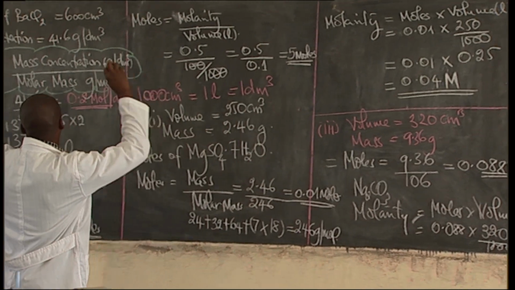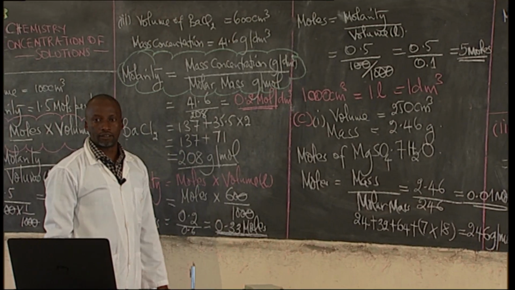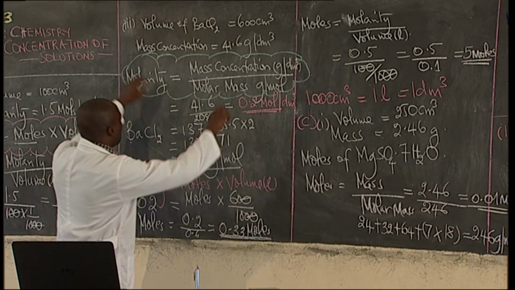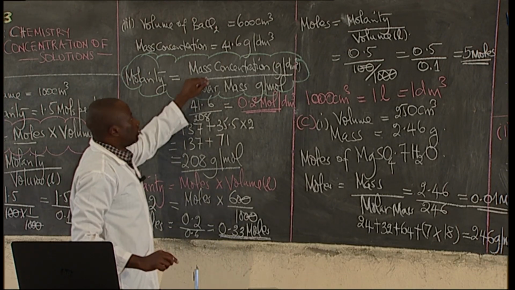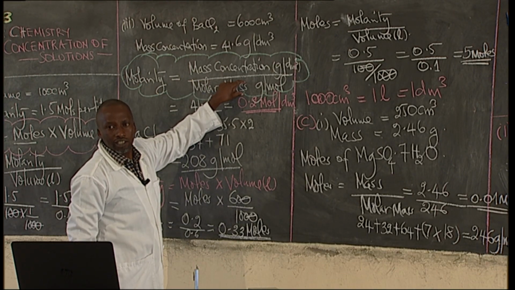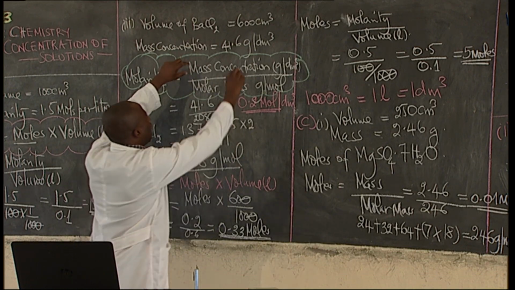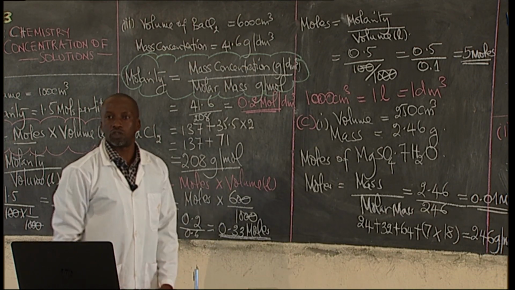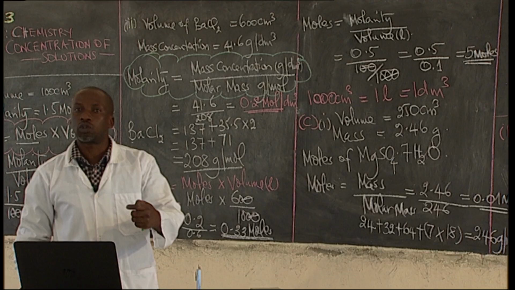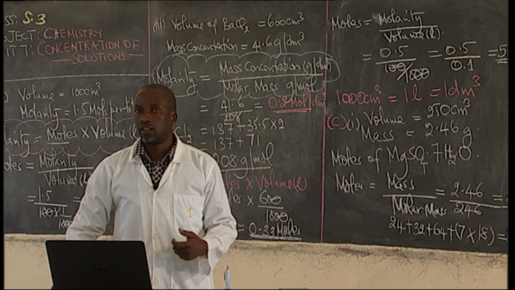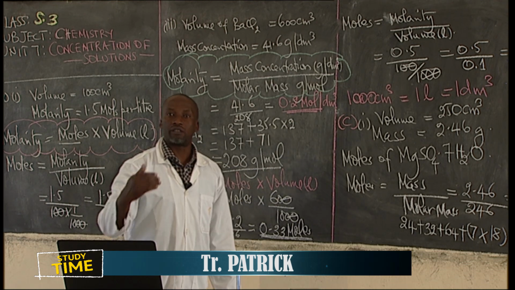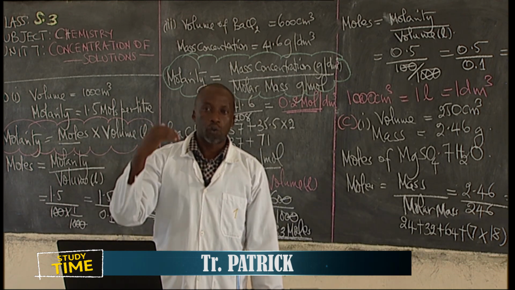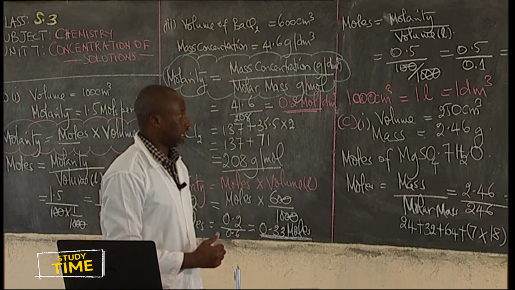Then substitute in here, and after substituting, you have got the molarity. You can use the molar mass. Now you can determine the mass concentration, the concentration of the solution in grams per liter, because when we talk about mass concentration, we are referring to grams per liter.